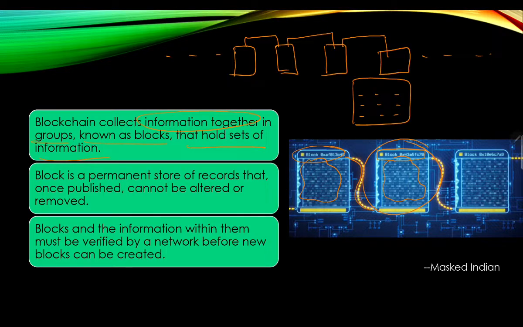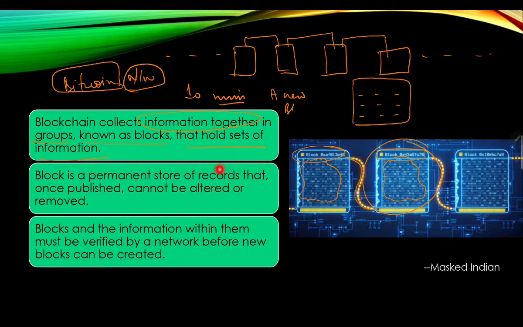If you see the Bitcoin network, there is something very fascinating to know. Every 10 minutes, a new block will be proposed, and it will be added to the existing Bitcoin network. What is happening basically in those 10 minutes?